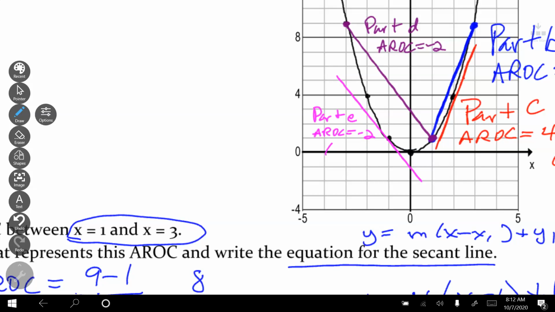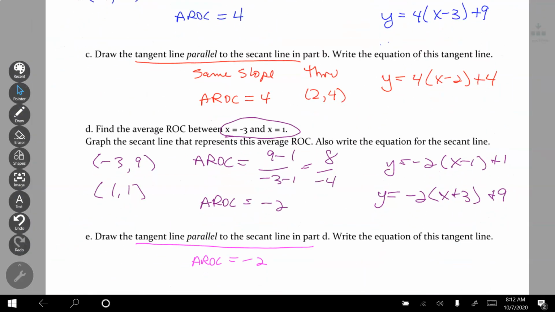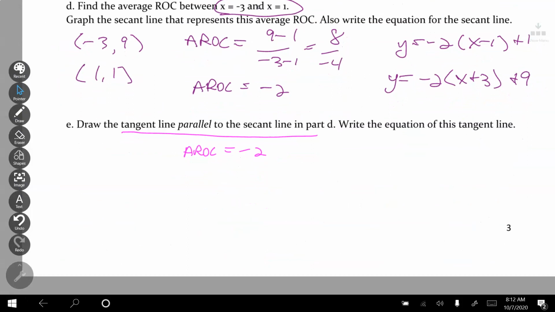And I see that it's going through the point -1, 1. So I'm going to use that for the equation. For part E, it's going through -1, 1. Y equals -2, x plus 1 plus 1. And that's how we write equations doing tangent lines and secant lines.